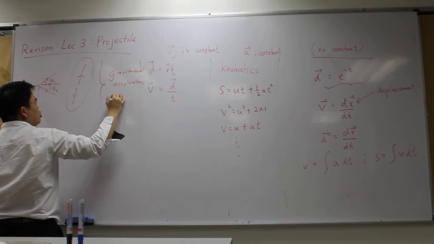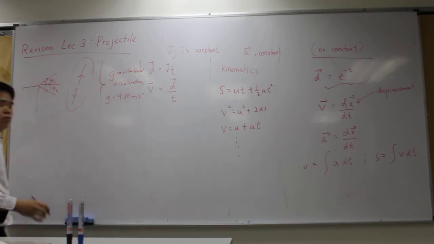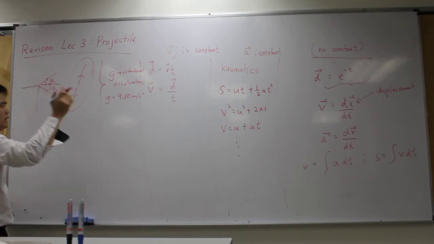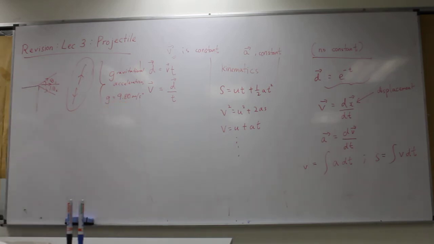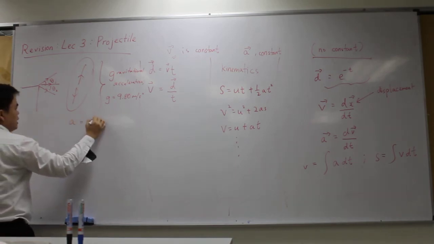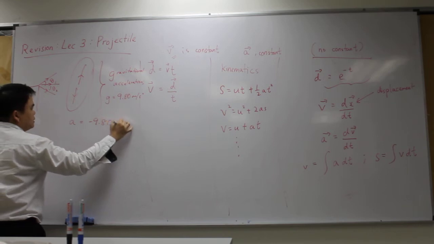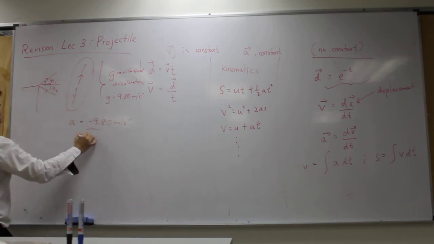And normally we say that g is 9.80 meter per second squared. So for this case, you need to justify whether it is positive or negative. So for me, and most of the time in some lectures and also the reference book, we will say that the acceleration is negative 9.8 meter per second squared, because the negative indicates downward.